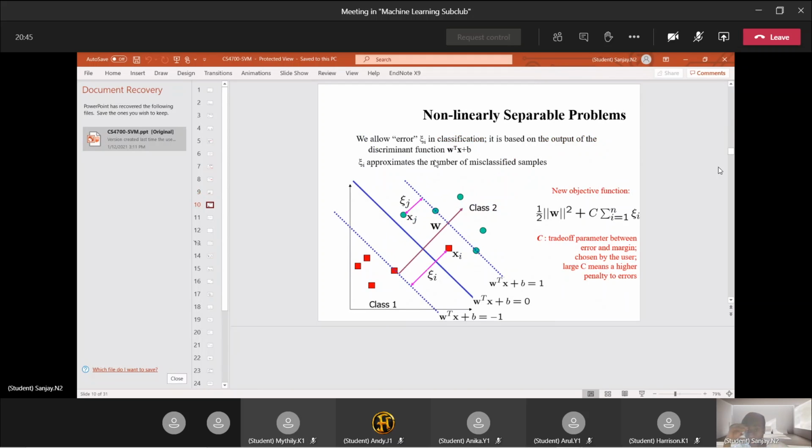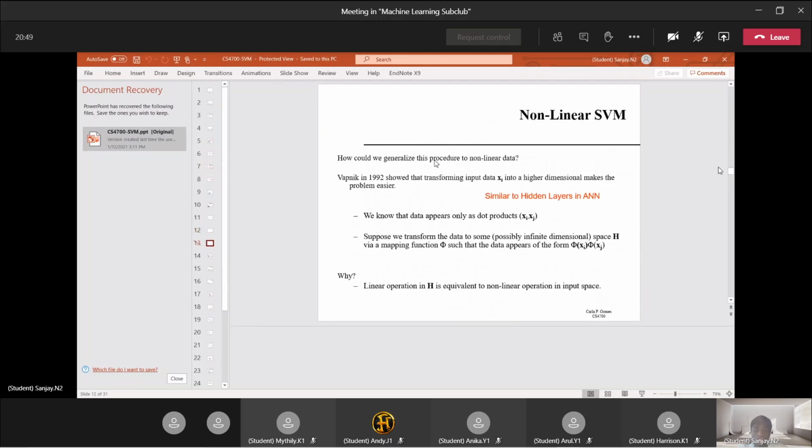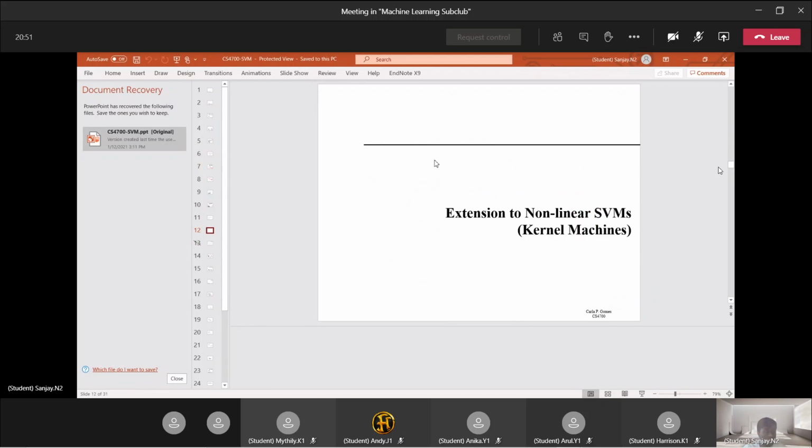All right, so we now have to consider the fact that the majority of problems that we're looking at can't be modeled well with linear SVMs. So therefore, we have to use different kernels.